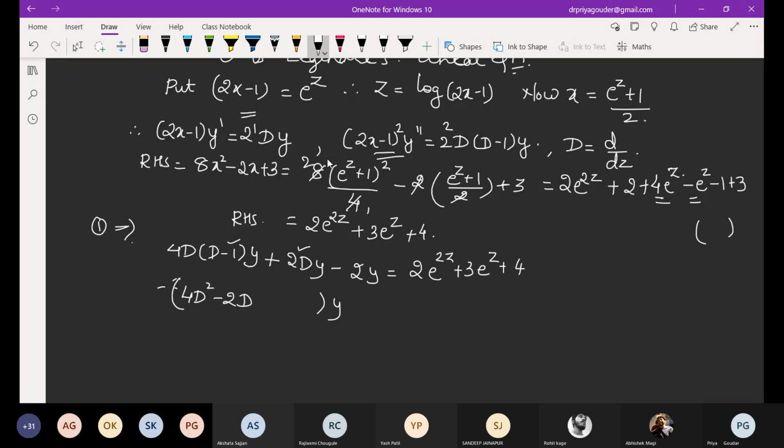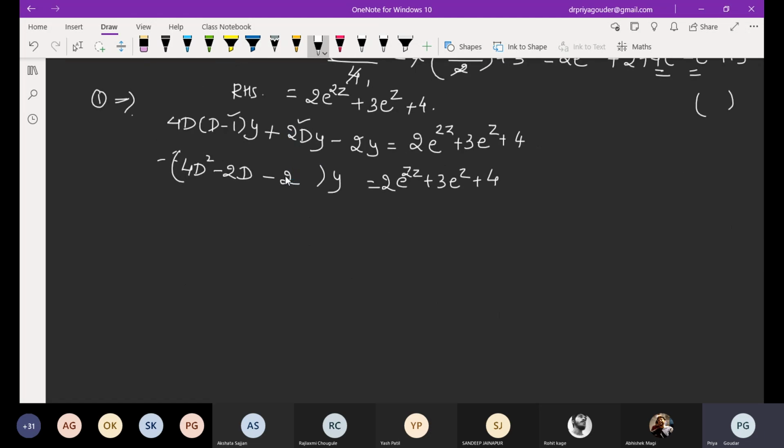Minus 2D. And from here you will get minus 2y is equal to 2 e raised to 2z plus 3 into e raised to z plus 4. This is converted to our differential equation with constant coefficients.